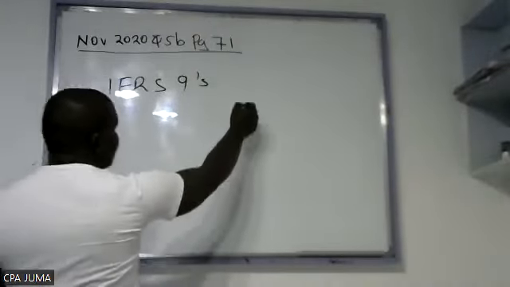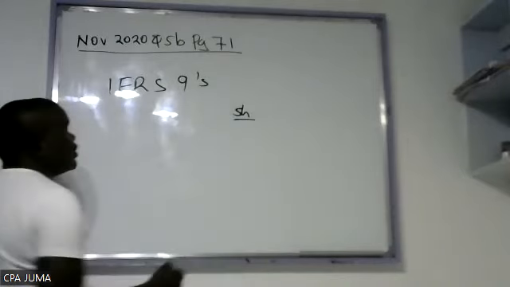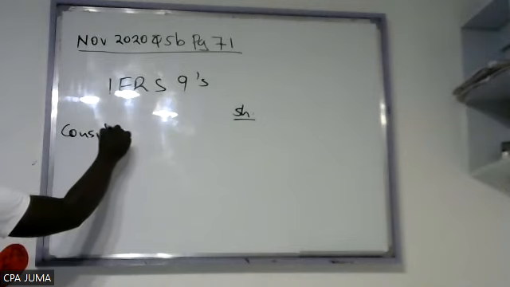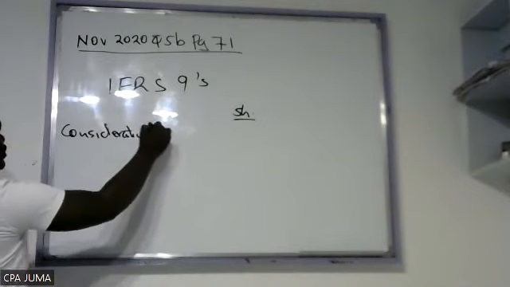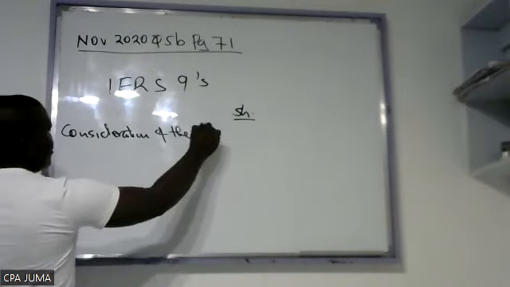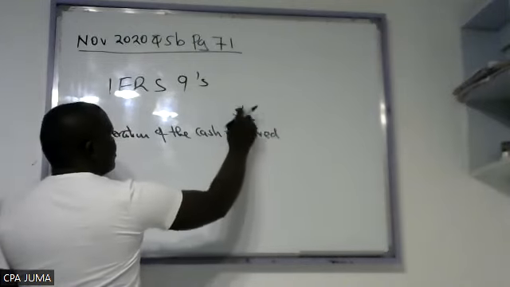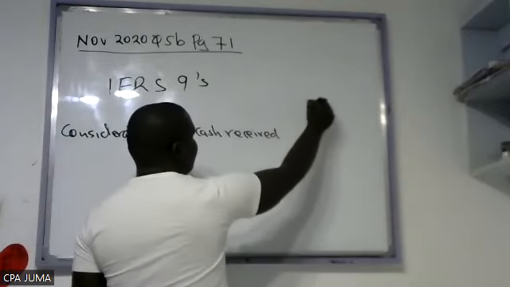Then sasa tufanye hesabu. When you come here and say shilling, you say consideration of the cash received.